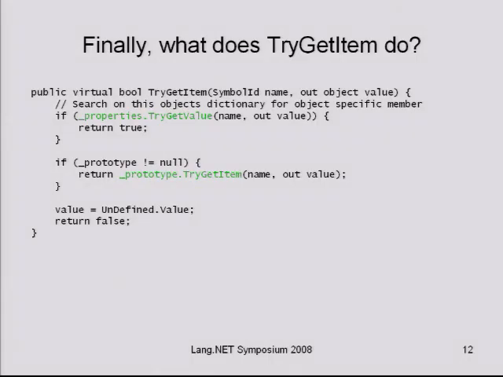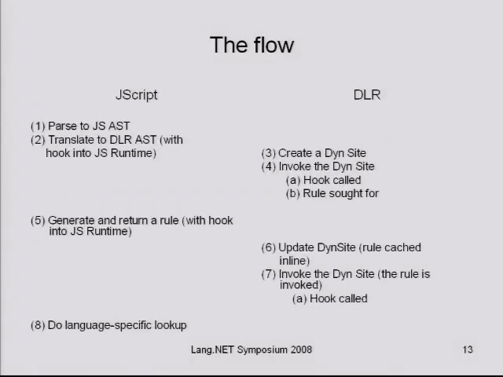If we see the flow of how we go about implementing this, we start with creating a JavaScript AST, translating that to a DLR AST, and in the generated DLR AST we plant hooks because we wanted boxing to happen. Then it goes off to the DLR.